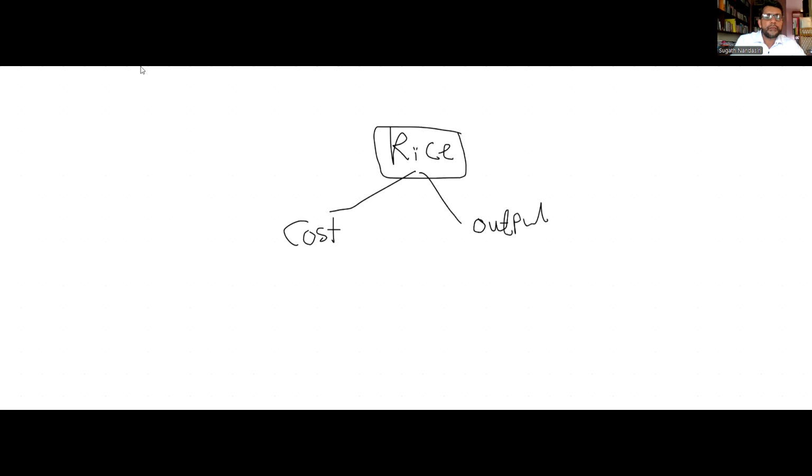Cost: high cost or low cost. Output: highest output, lowest output. And remember, absolute advantage is available for the country where you produce at the lowest cost or with the highest output.